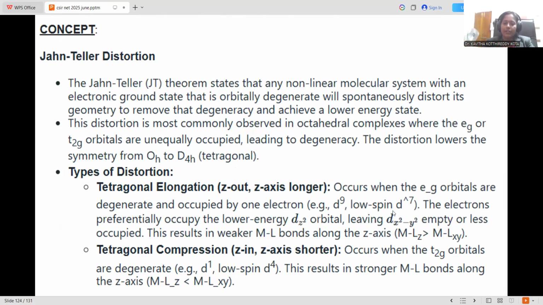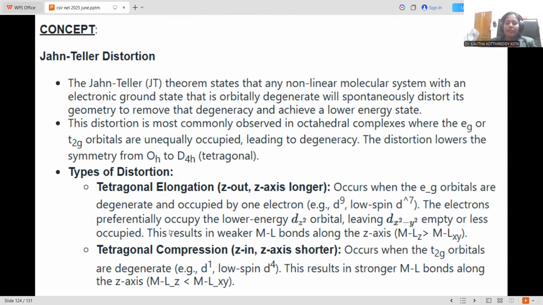This elongation takes place because eg orbitals are degenerate and occupied by one electron. Whenever there is a d9 system, either low spin or high spin, or a low spin d7 system, there is a provision for tetragonal elongation. These two satisfy tetragonal elongation.